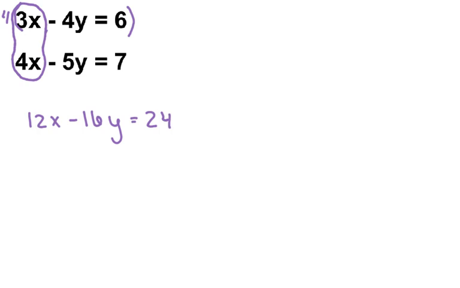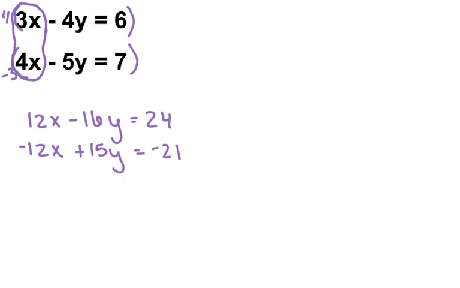But if we choose to multiply it by a positive 4 on the first one, that means the negative needs to be the second number. So now I'm going to multiply the second equation by negative 3. So that's going to give me a negative 12x plus 15y equals a negative 21.